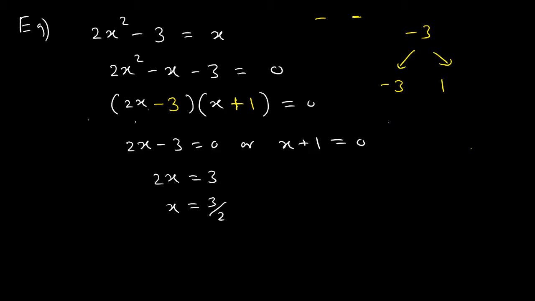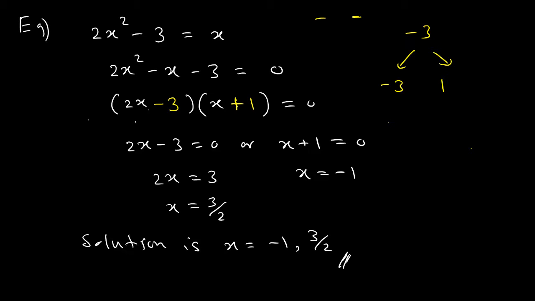And here you can add negative 1 to both sides, so x equals negative 1. So the solution is x equals negative 1, comma, 3 halves. Those are the two solutions that we get. And it's always a good idea to check whether that's the right one, just plugging in the original problem. Good.